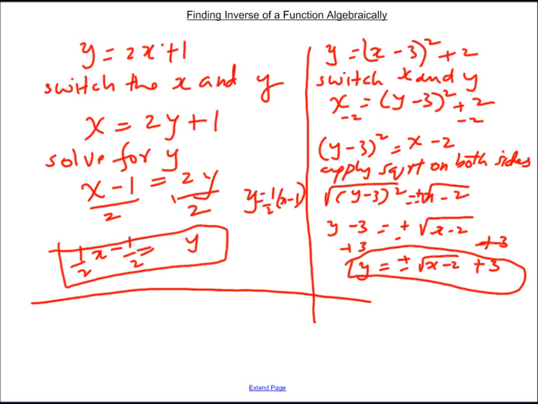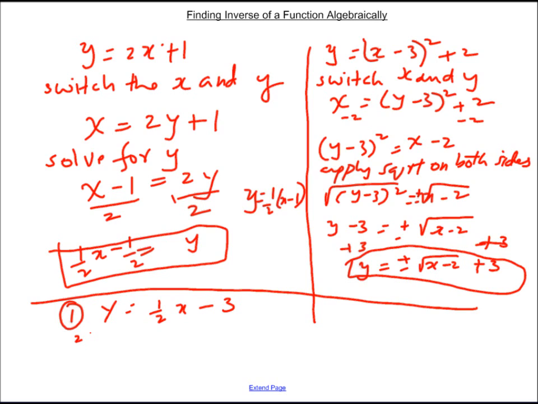I'm going to give you a couple of problems for homework. It's for you to practice at home. So next day you need to return these questions along with the homework that is given in class. I'm going to give you the original function y equals half x minus 3.